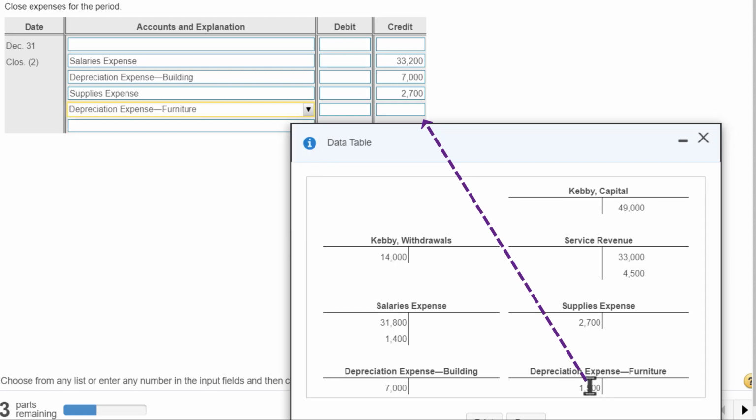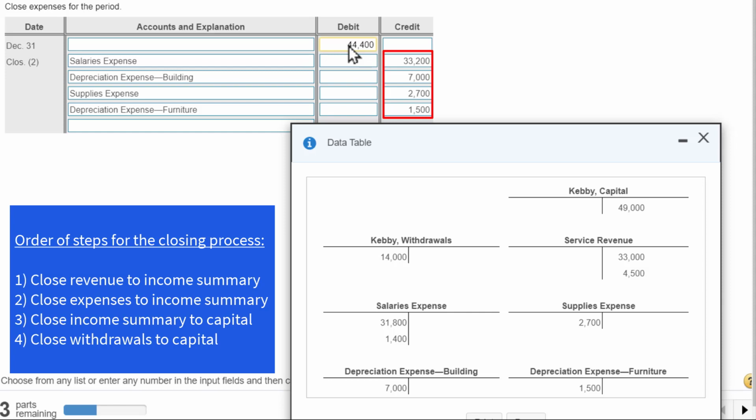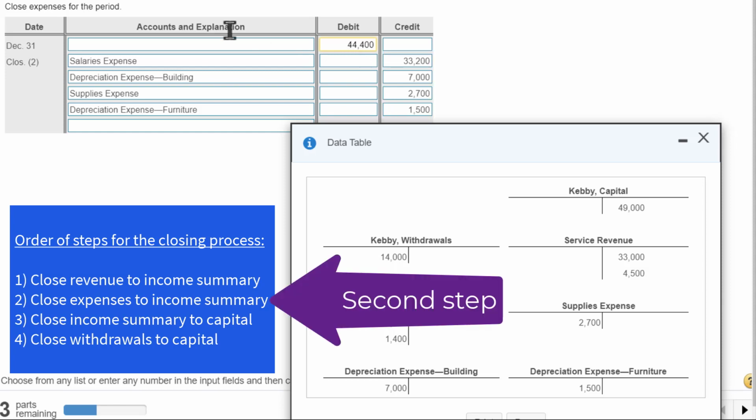And we're closing it by putting 1,500 on the right side. Now notice our debits don't equal our credits, so we're going to add up all your credits, and when you do, you get 44,400. So what account do we close our expenses to?